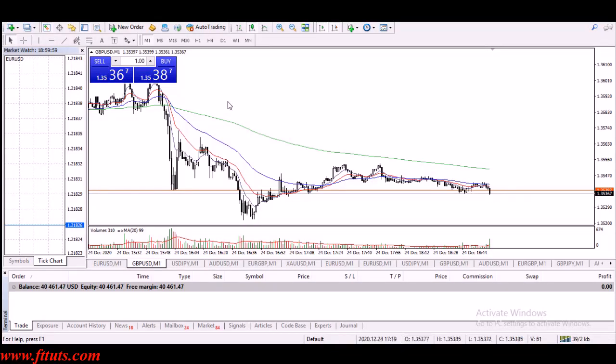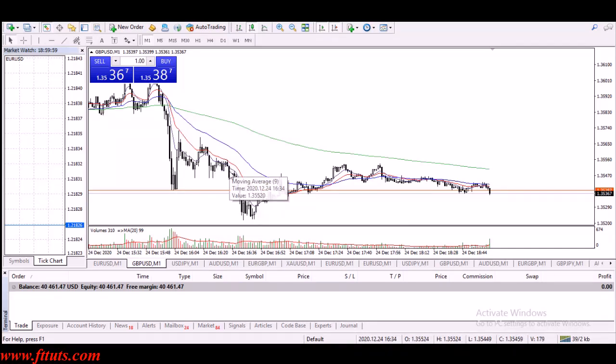I sell because price is holding below EMA 200 for a very long time. It's a downtrend, absolutely. I sell here, I place a stop loss above EMA 200, and my take profit is below this last low. Then I will change my take profit depending on how the market is acting.